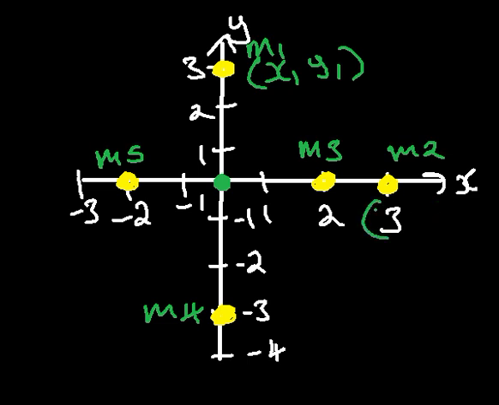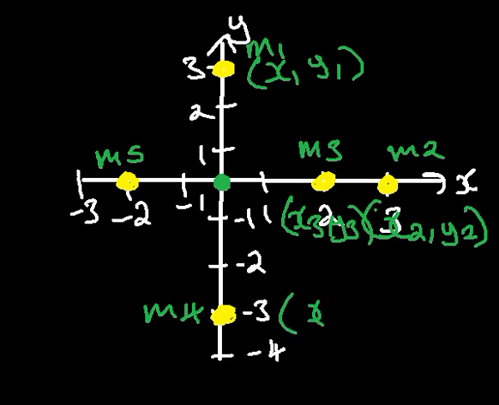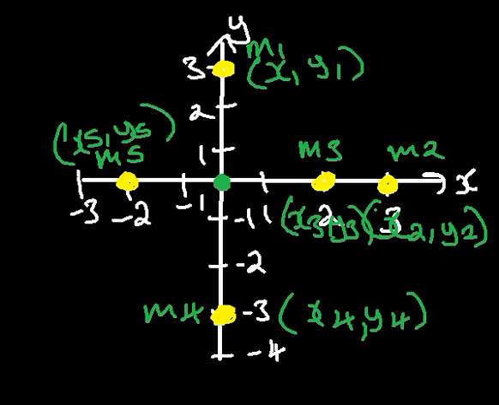The coordinates at the point of mass 3 are x3, comma, y3. In the same way, here we have x4 and y4, and here we have x5 and y5.